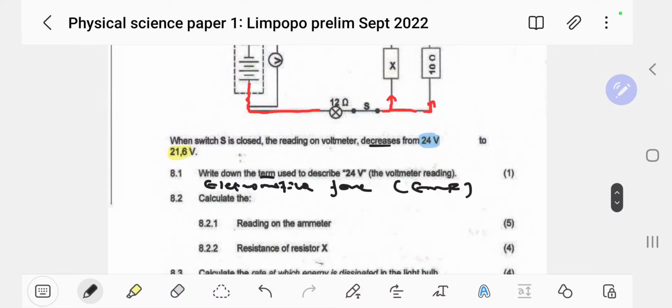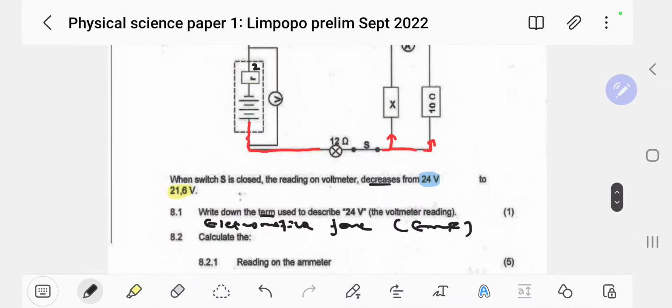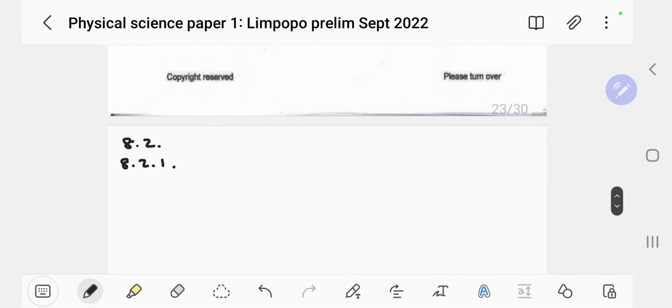Can we use the EMF? We need the total current first of all, and the total current we can find from the internal resistance. So we can just say here, V lost volts is going to be equal to the total current multiplied by the internal resistance.